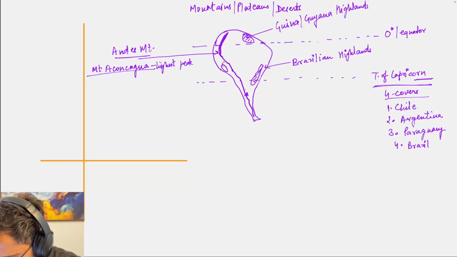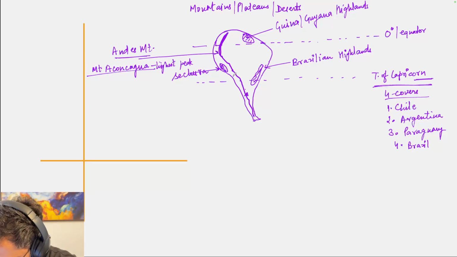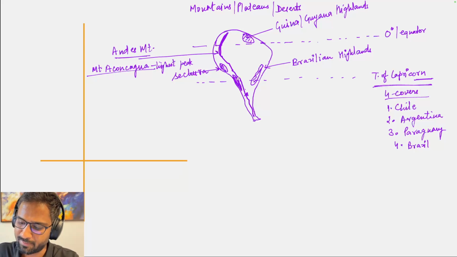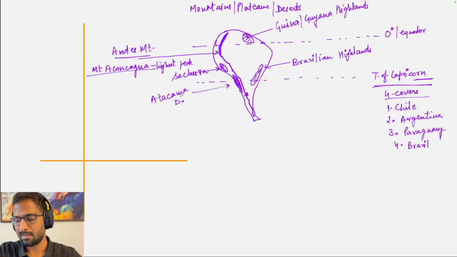Then coming to the important deserts. Over here in Peru, you'll find a desert called Sechura Desert. And then a long desert over here called Atacama Desert.